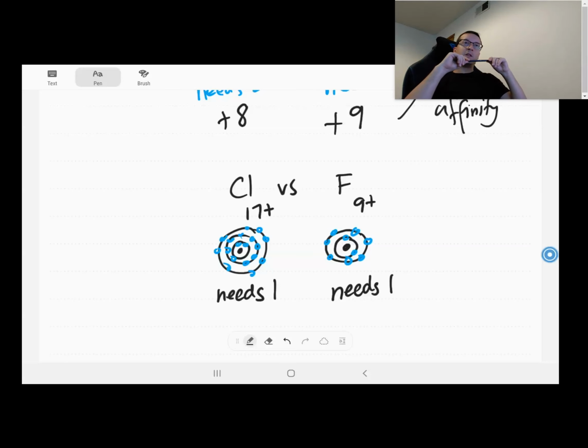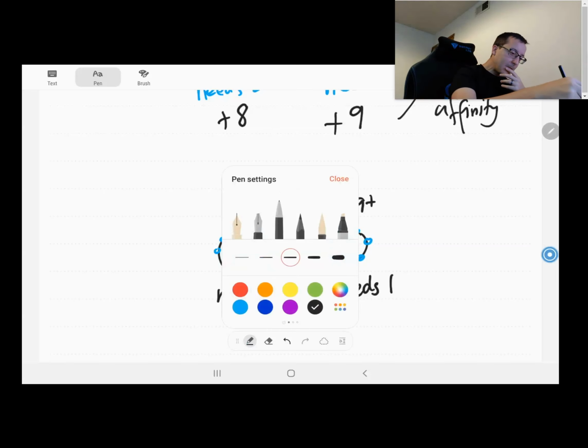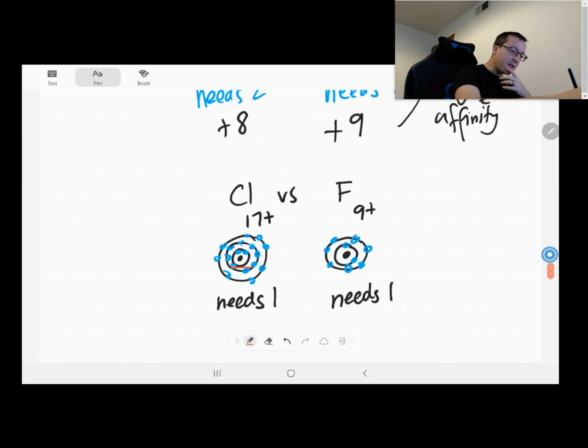Okay. We think about it, yes, chlorine does have more positive charge. However, if that electron goes in, I'm just going to draw that extra electron.